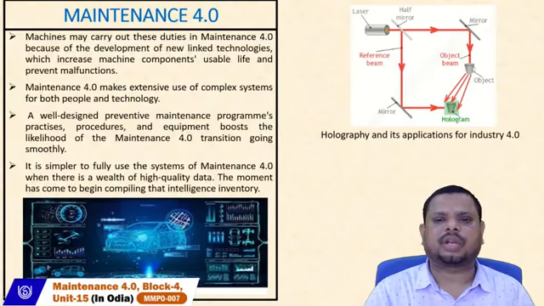If you observe this figure, a laser is directed at two mirrors. The first is a half mirror and the other is a full mirror. They deflect the laser beam towards the object.